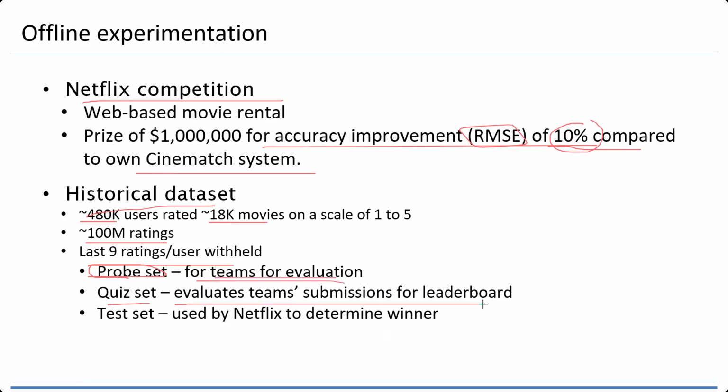So they have the leaderboard. It means if someone can achieve better, then they will be number one on the leaderboard. The test set is used by Netflix to determine who is the winner, who gets the best RMSE.